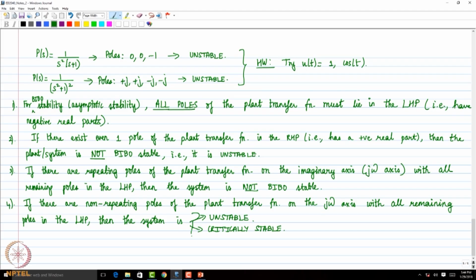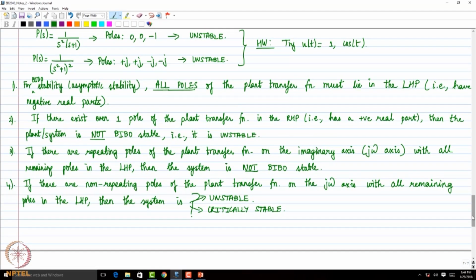Most textbooks will say it's critically or marginally stable, but if we strictly apply the definition of BIBO stability, it's unstable. See, in stability there cannot be any compromise. Either a system is stable or it is not. So if we are strict to that extent, we should call this unstable. But if you say, come on, the output is bounded only for one small group of bounded inputs, well, you call it critically stable or marginally stable.